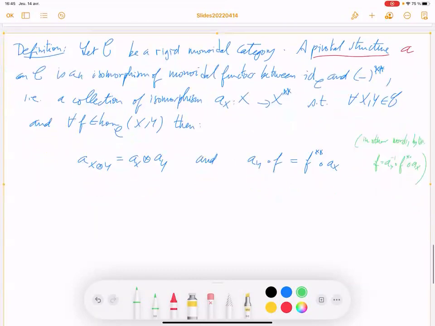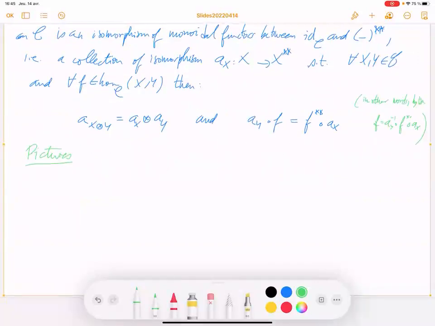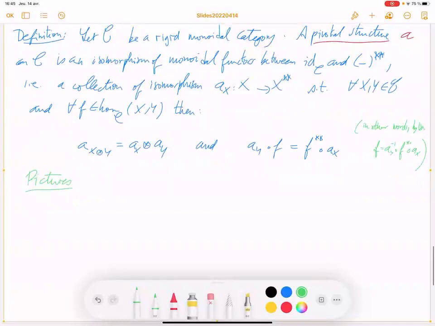So what about the picture? Let me check, in the chapter about rigid categories.